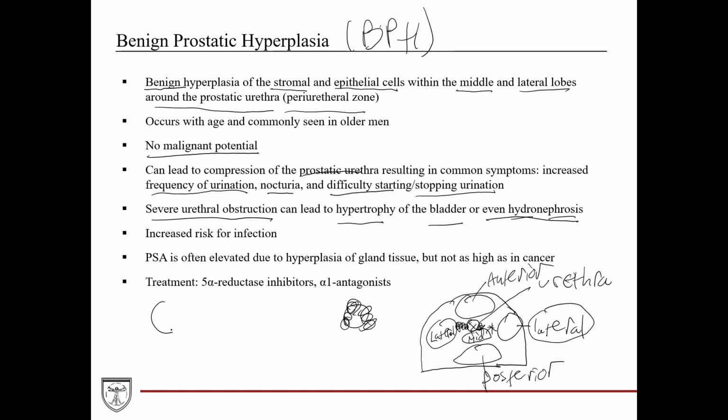So again, if we draw the kidneys like this, and remember they're these bean-shaped structures in the abdomen, and then you have the ureters that come down like this, and then you have the bladder like this, and then you have the prostate and the urethra here, and the urethra comes out there. So if you've got obstruction here because of significant BPH, one, the bladder has to contract harder against that.